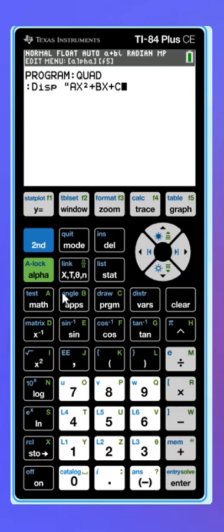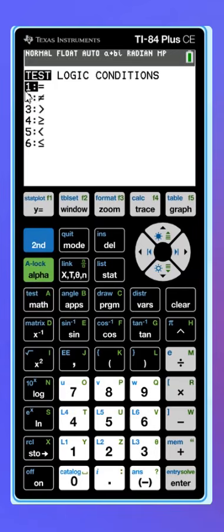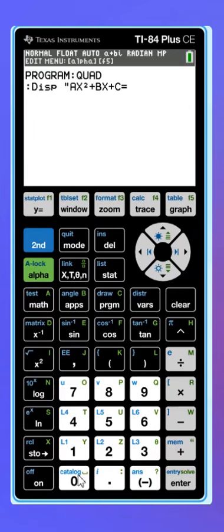Now to get the equal sign, it's under test. So I hit second and the math button, and I get those symbols, equals 0. And that's what we want it to look like.